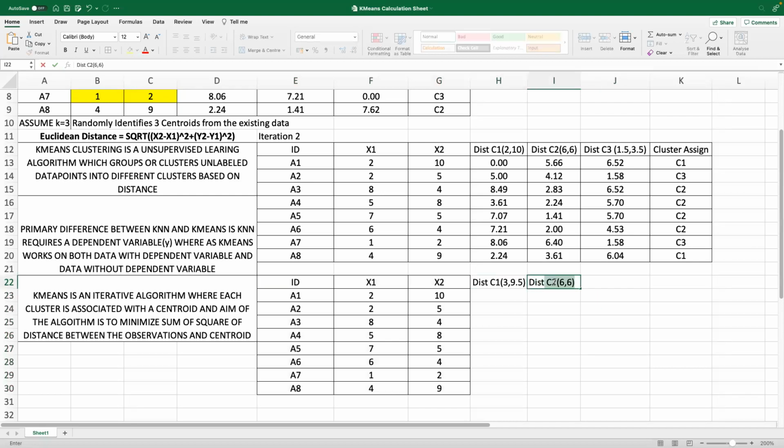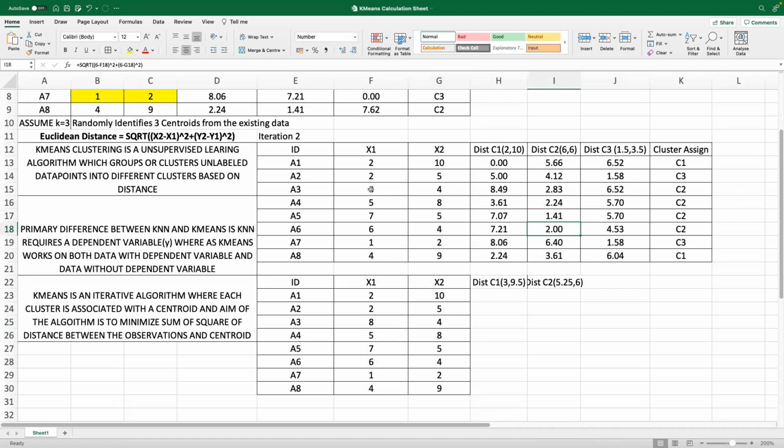This is for C2. Are there any changes for C2? Yes, because one C2 converted into C3. So these are your C2s only. So what is the average? 5.25.